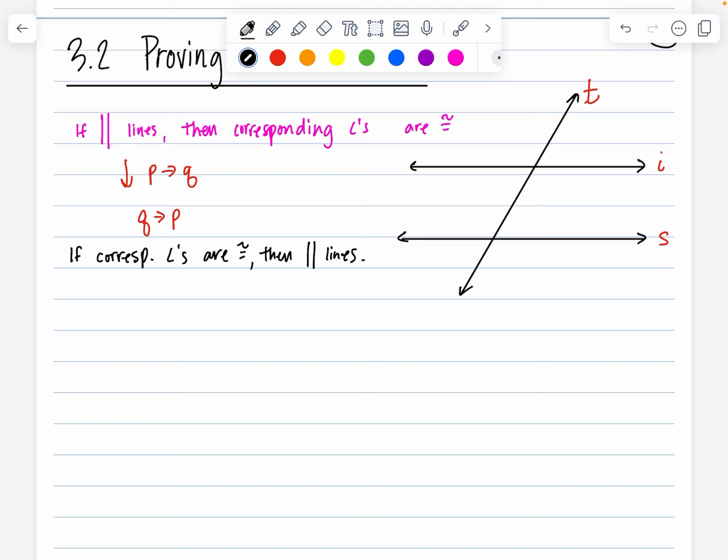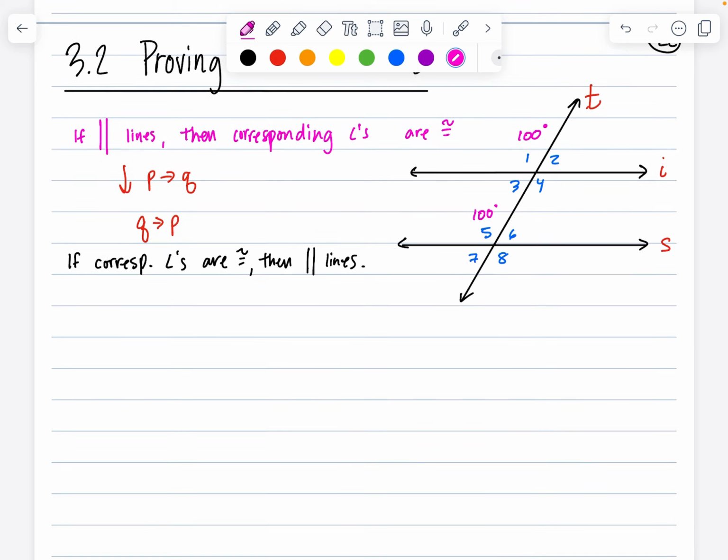And what if I told you this is true? What if I, for instance, put some angles here. Let's do them blue again: 1, 2, 3, 4, 5, 6, 7, and 8. This is going to be relatively easy to prove, because if I said, for instance, angle 1 was 100 degrees this time, let's do this in pink, 100 degrees, the corresponding angle to this would be 5, which is 100 degrees.